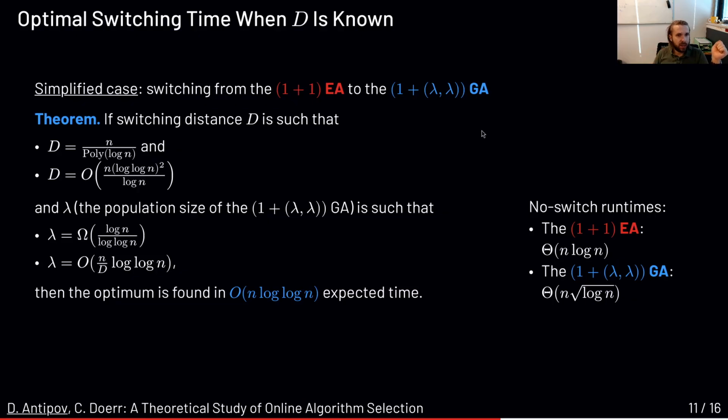For the moment. And we showed that if d is chosen, roughly speaking, as n over polylog of n, and if λ is chosen roughly logarithmic in n, then the expected runtime of this algorithm that switches from the (1+1) EA to the (1+(λ,λ)) GA is o(n log n), which is much better than the runtime of the (1+1) EA, which is roughly n log n, and it's also better than the best possible performance of the (1+(λ,λ)) GA with fixed parameters, which is n times the square root of log n.